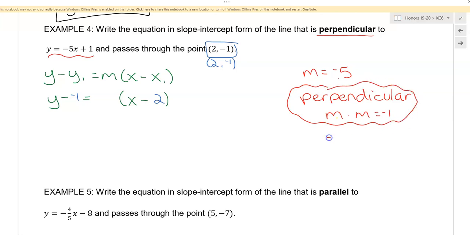So my one slope is negative 5, and I'm finding my second slope. For this one, I'm just going to divide by negative 5. Negative divided by a negative is positive, and I get 1/5. So when I have a slope of negative 5, my opposite reciprocal is just 1 over 5.